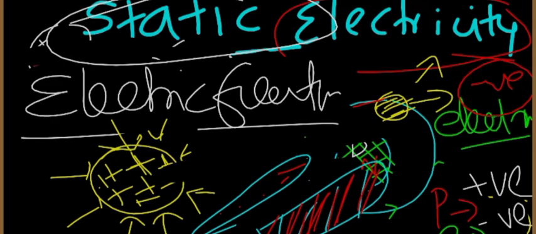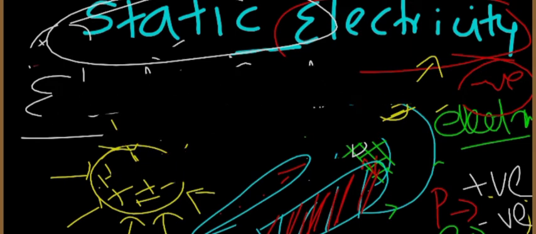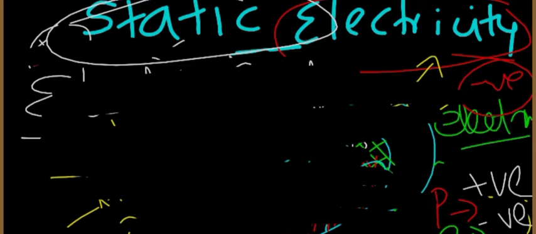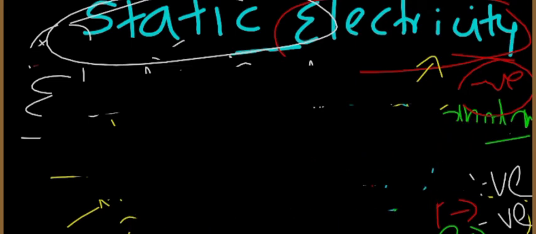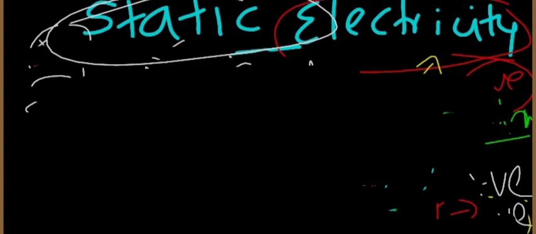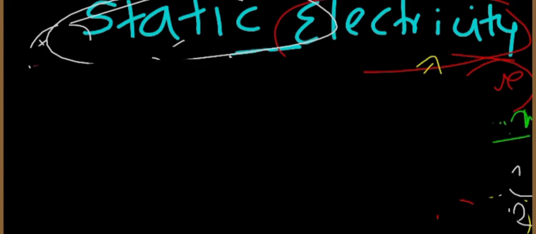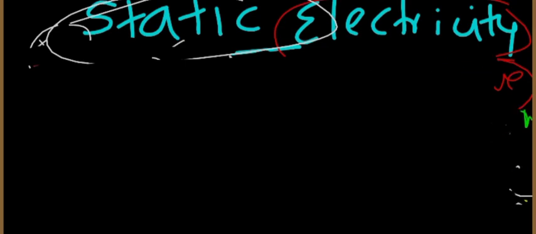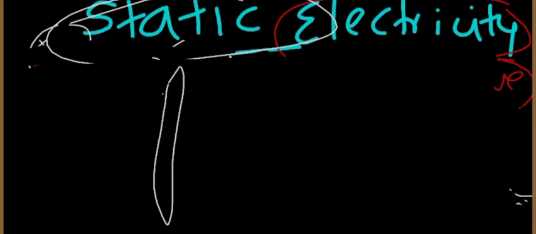I think I can clear the board and draw a nice picture for you so that you can get the idea very well. So children, we are discussing static electricity and how static electricity happens when we are rubbing a glass rod and a silk. This one is a glass rod and this one is our silk material.